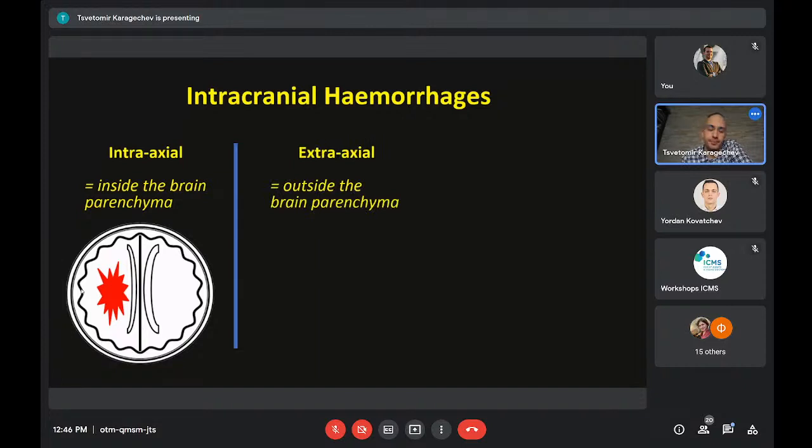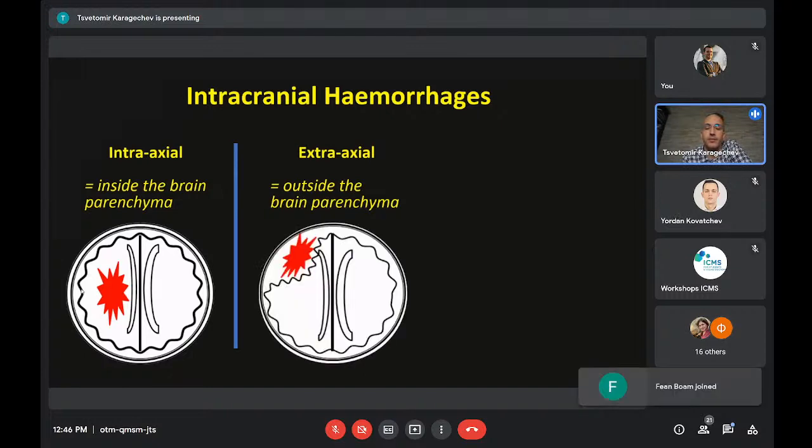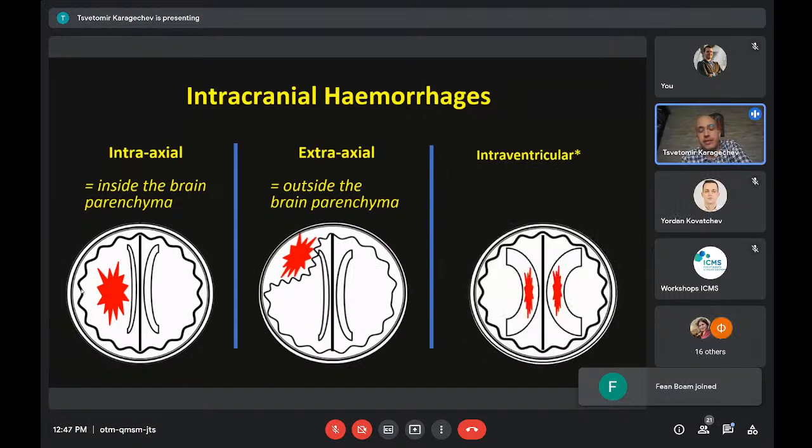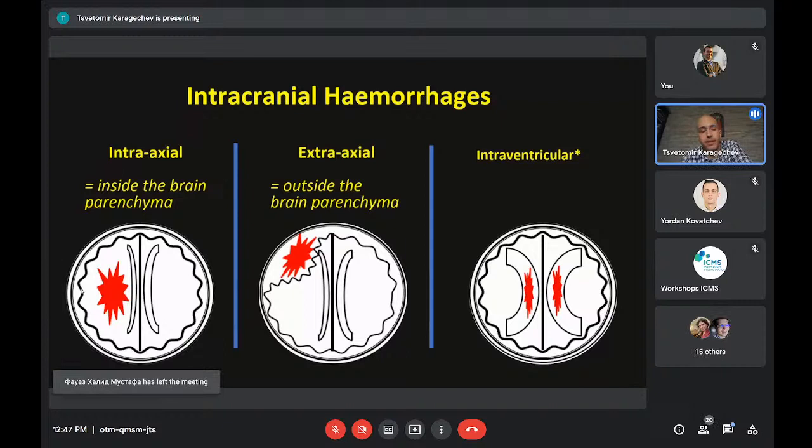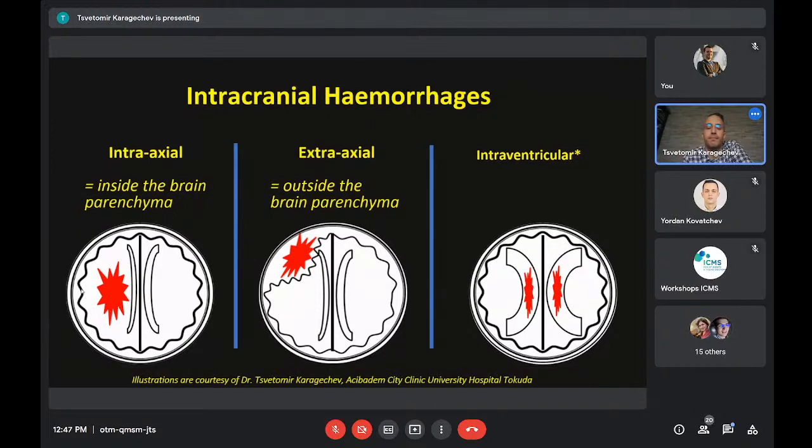So these are processes that happen outside of the brain parenchyma. And there are also intraventricular lesions inside of the ventricles. They're actually extraaxial because they don't occur in the brain parenchyma, but for better understanding of the topic, I've decided to put them down as a different subject.